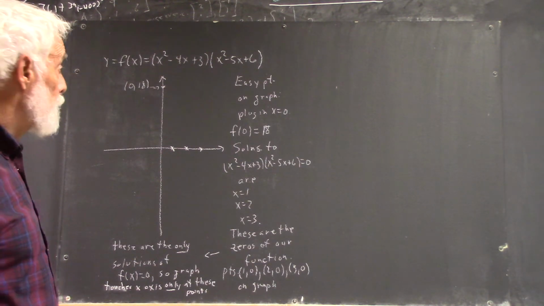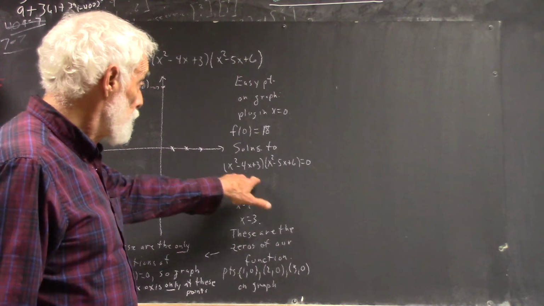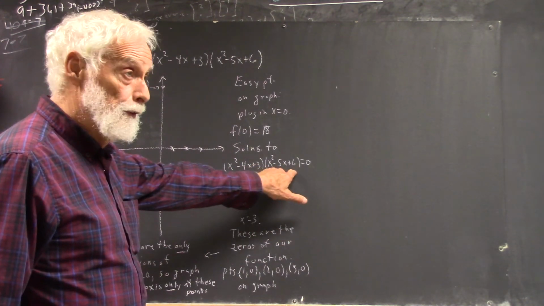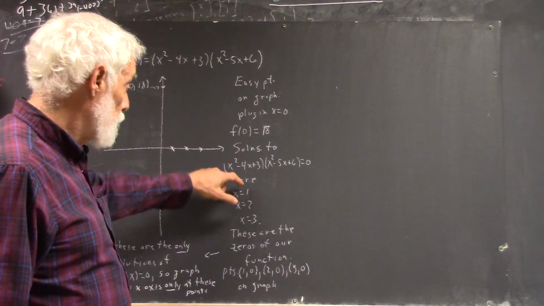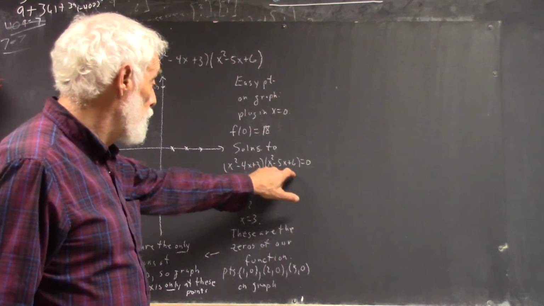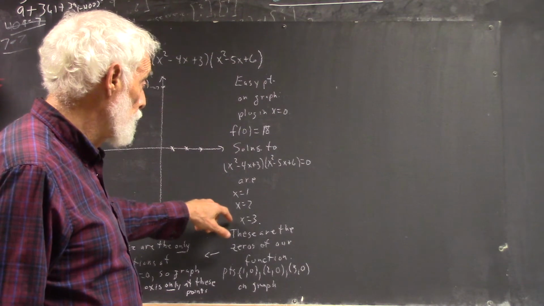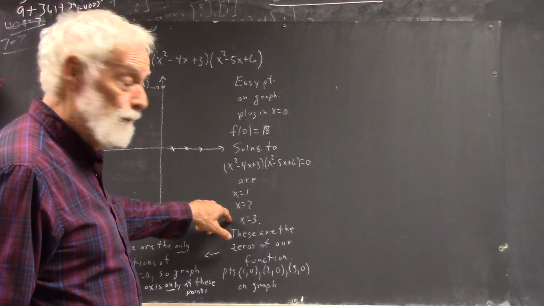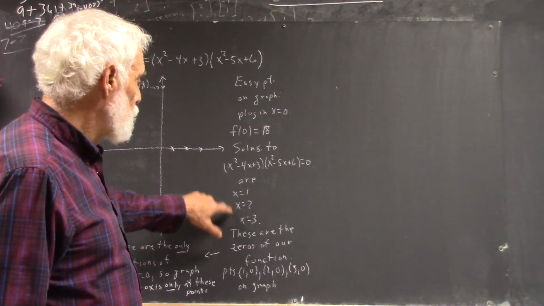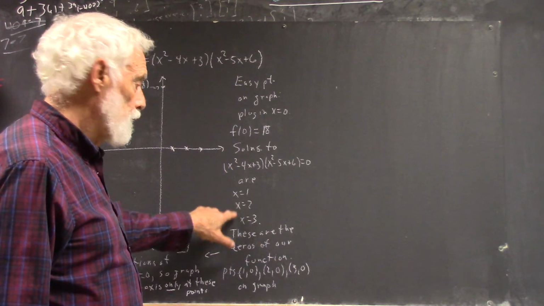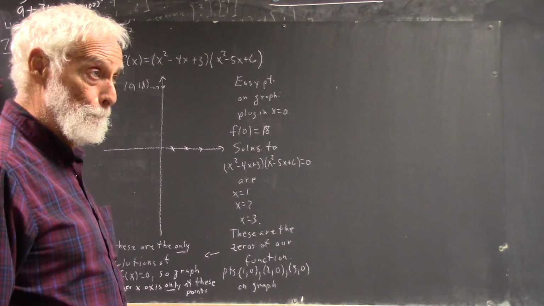Okay? Because the only way this can be 0 is if this is 0 or this is 0. The only way this can be 0 is if x is 1 or 2. The only way this can be 0 is if x is either 2 or 3. Okay? And actually that should be 1 or 3. This is only 0 if x is 1 or 3. This is only 0 if x is 2 or 3. Okay?